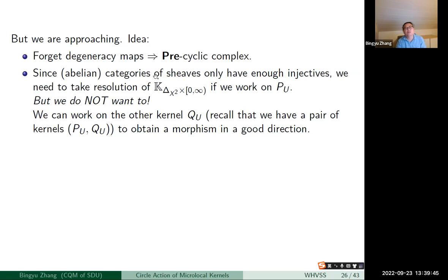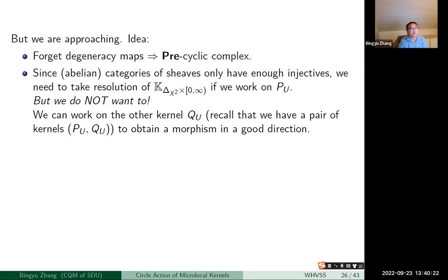The second thing is more or less a technical problem: instead of considering the resolution of PU, we need to consider the resolution of QU. I recall that we have the parallel kernels PU and QU. PU is used to define the whole Chiu-Tamarkin complex, like whole symplectic homology, and QU is used to define the positive Chiu-Tamarkin complex, like the positive symplectic homology.